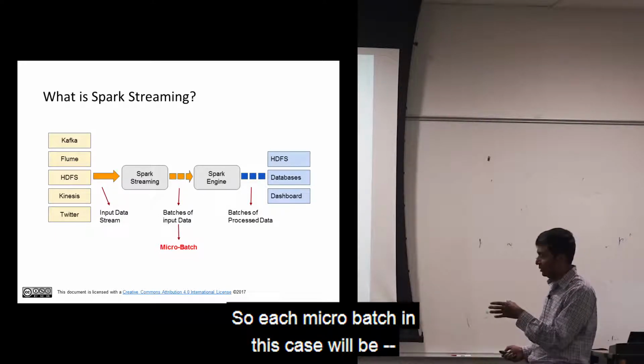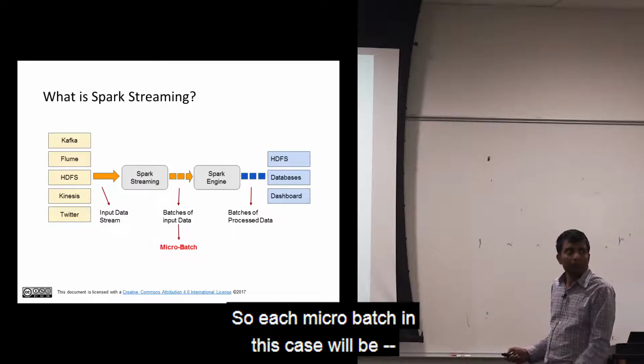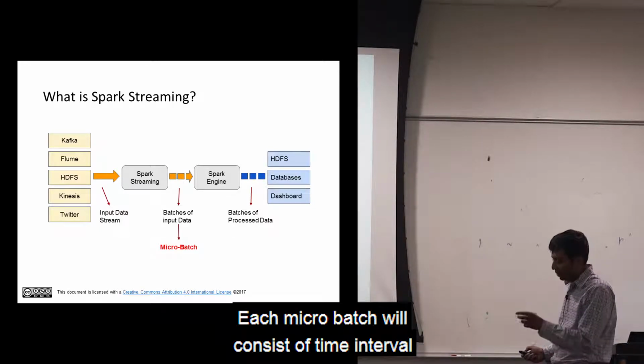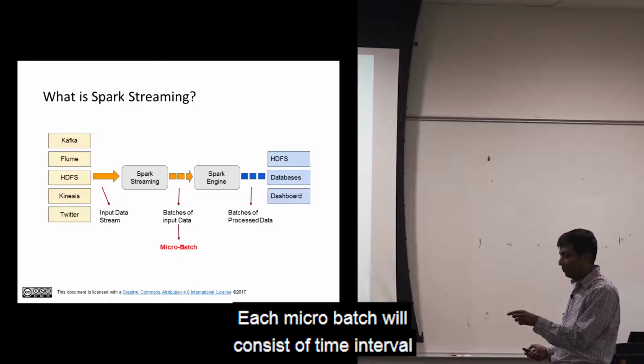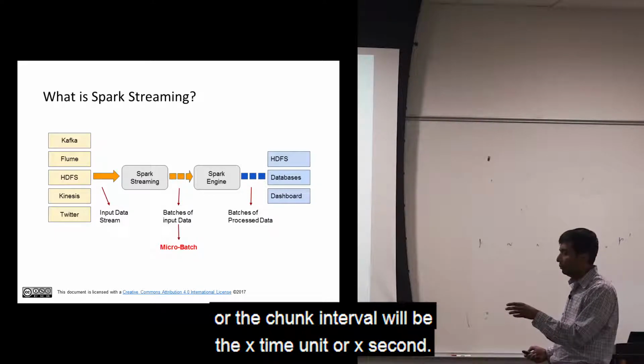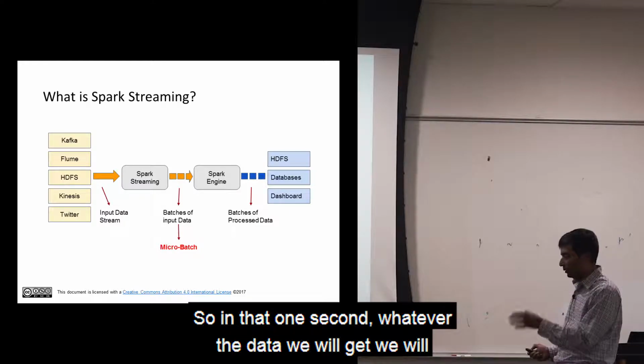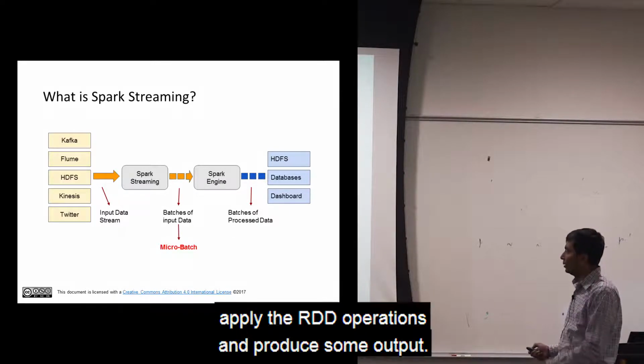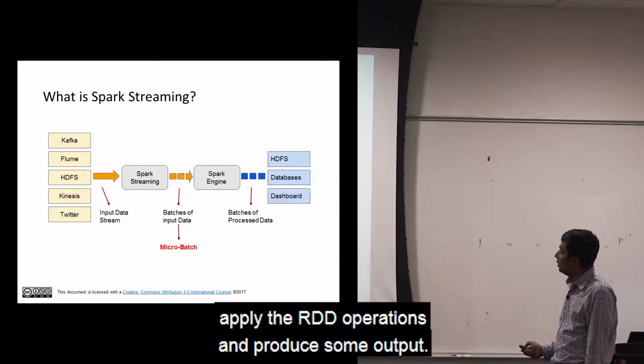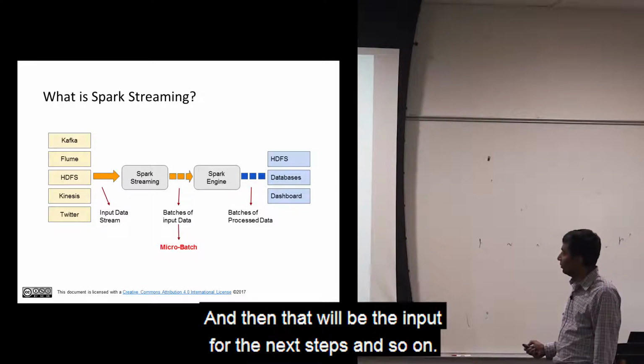Each micro batch covers a time interval, the chunk interval, of X time units. Let's say X equals 1 second. In that 1 second, whatever data we get, we will apply the RDD operations and produce some output, and that will be the input for the next steps and so on.